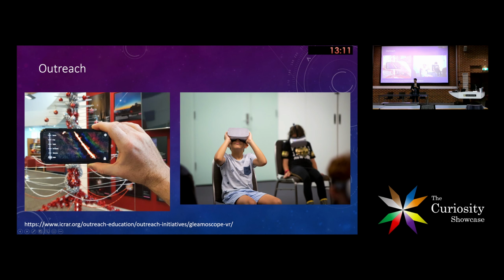Another aspect in which we use data in astronomy is in outreach. This is something I'm very passionate about. I give a lot of public talks, but I also help build apps and ways that people can get into radio astronomy from a public point of view. So this is showing the GLEAM VR app. If you have iOS or Android, you can type GLEAM into the Apple and Play stores.